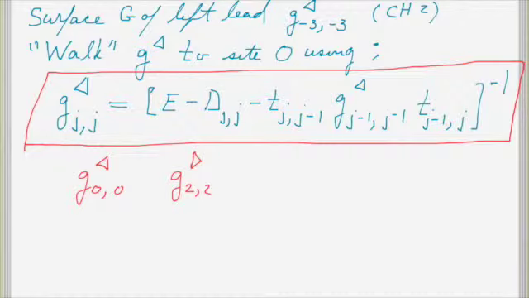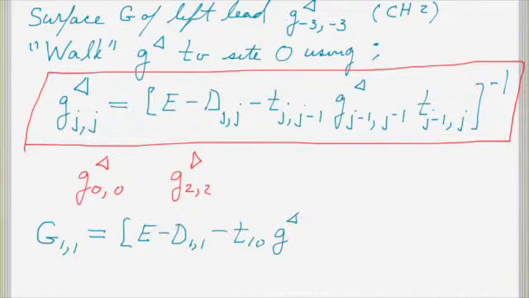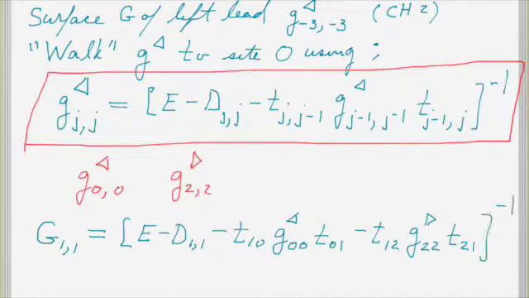So the exact Green's function that includes everything at 1, 1 is just equal to E minus D 1, 1 minus T 1, 0 G left connected 0, 0 T 0, 1 minus T 1, 2 G right connected 2, 2 T 2, 1, whole thing inverted.